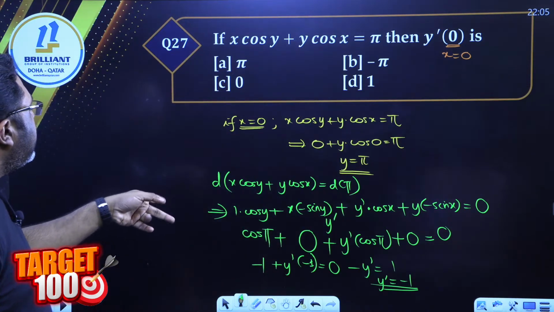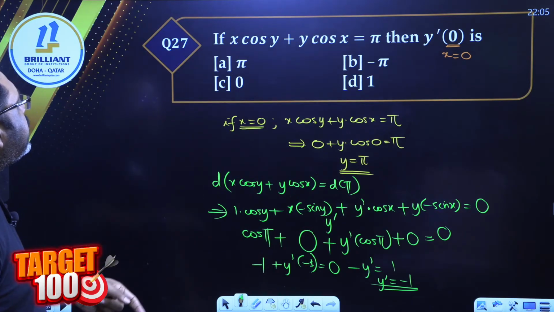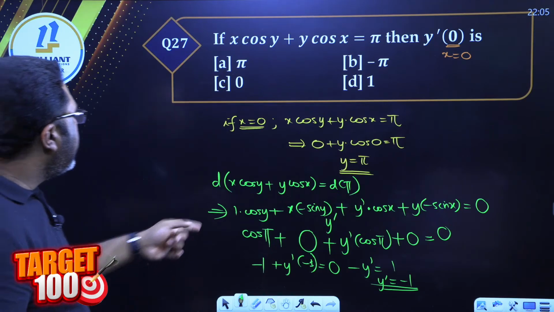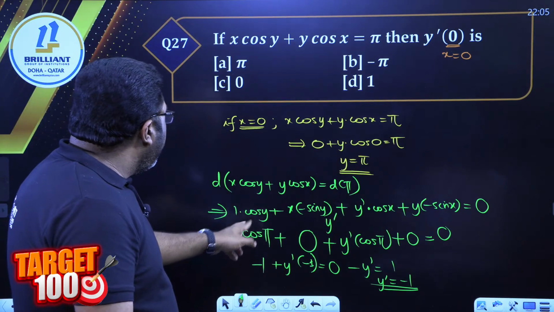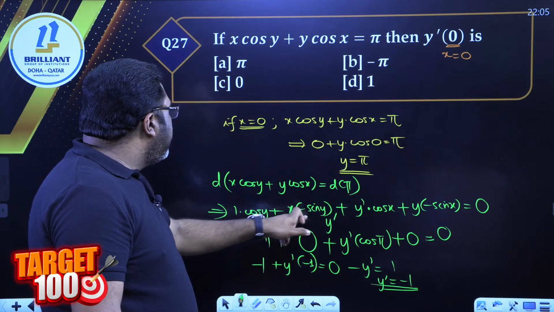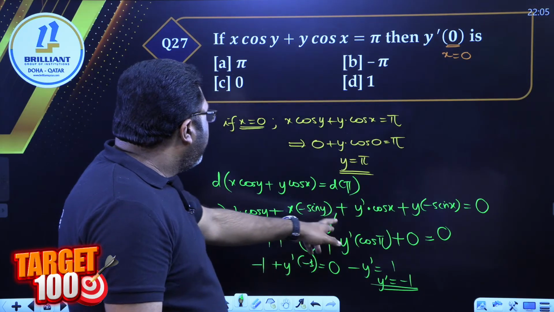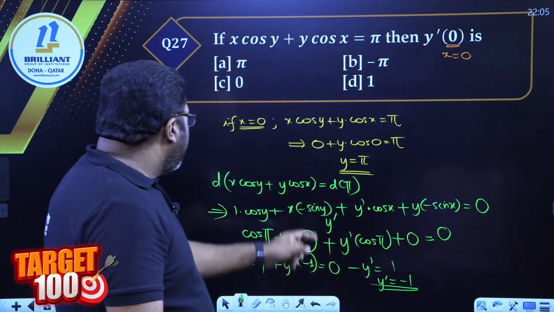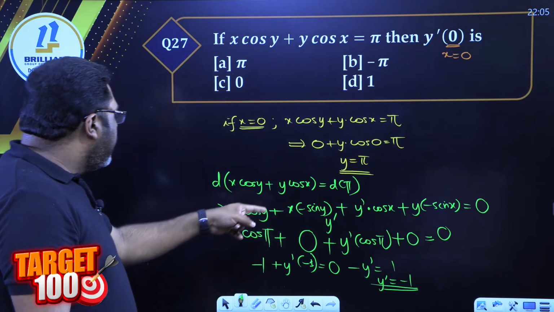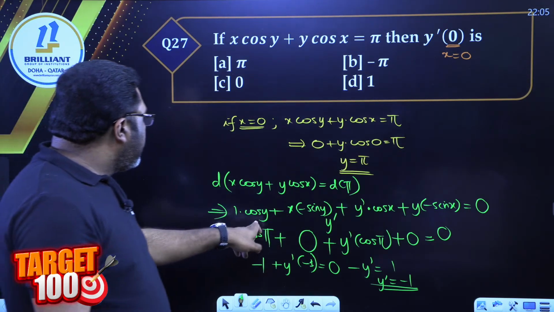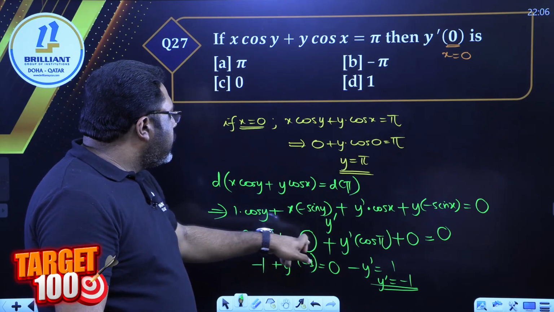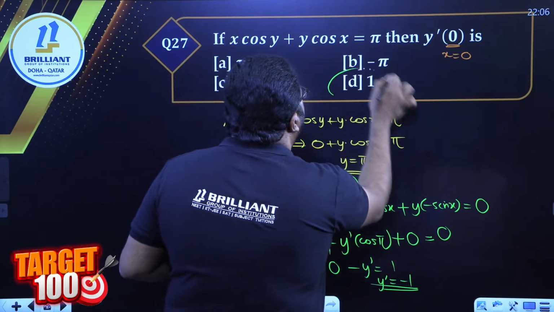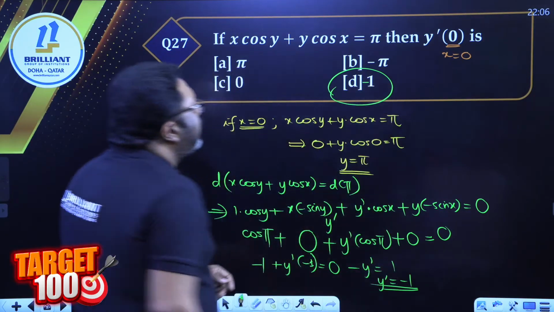Just checking the expression once again, x cos y plus y cos x, 1 cos y plus x into minus sin y, y dash, plus y dash cos x plus y into minus sin x. It's correct. Just putting the value of x as 0. So cos pi plus 0. Answer is minus 1. I'm just supposed to change the option D then.